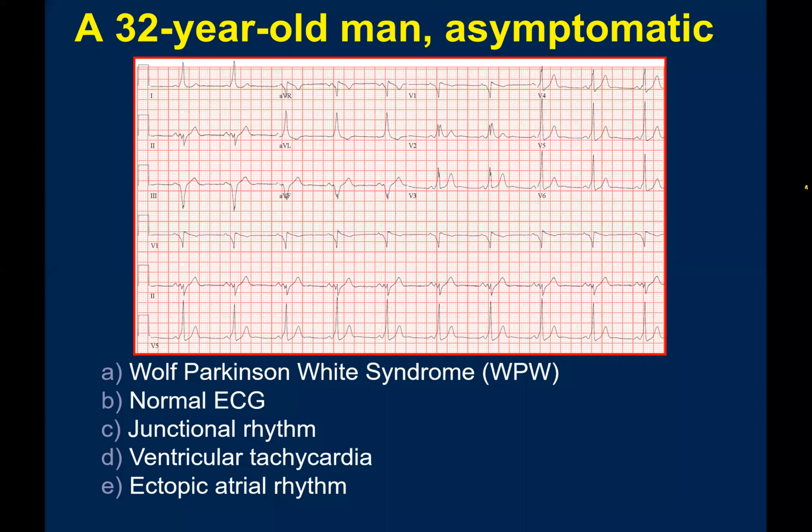How did you make that diagnosis? Because of the delta wave. Yeah, these are the delta waves, and PR is short. And the third thing is the wide QRS complex. You see it more obvious here in V5, V6. Look at all the leads. And this is a negative delta wave in V1.